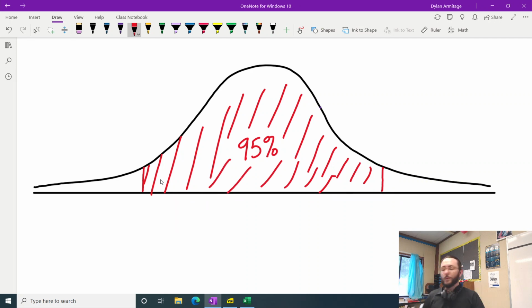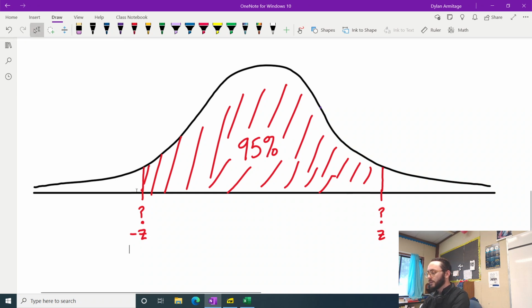Well, we need to figure out what these values are. On the right side, that would be the positive one, and on the left side, that would be the negative one. So what are those values? Well, remember that our table for z-scores only has values to the left.